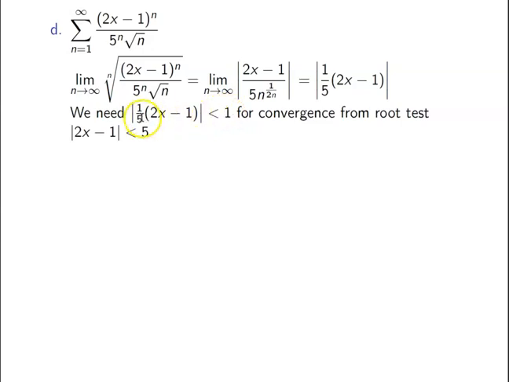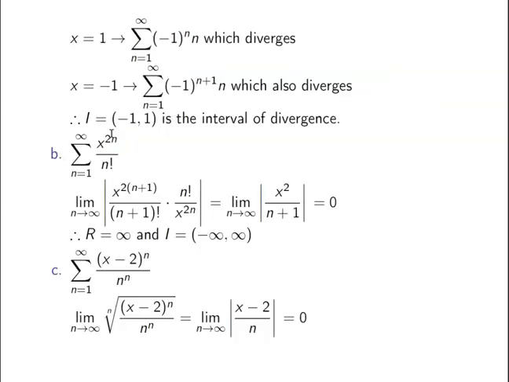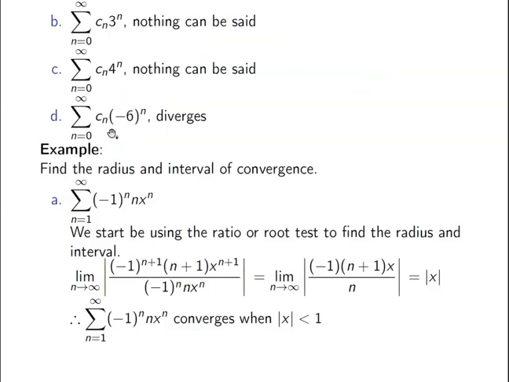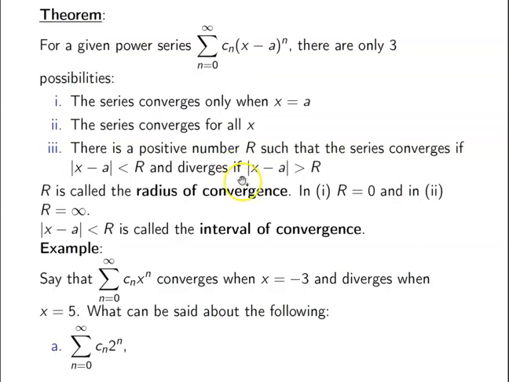And I'm going to get rid of this 5 by multiplying by 5 on both sides, okay? And here, I would like for it to look something like this: x minus a less than a radius, right?